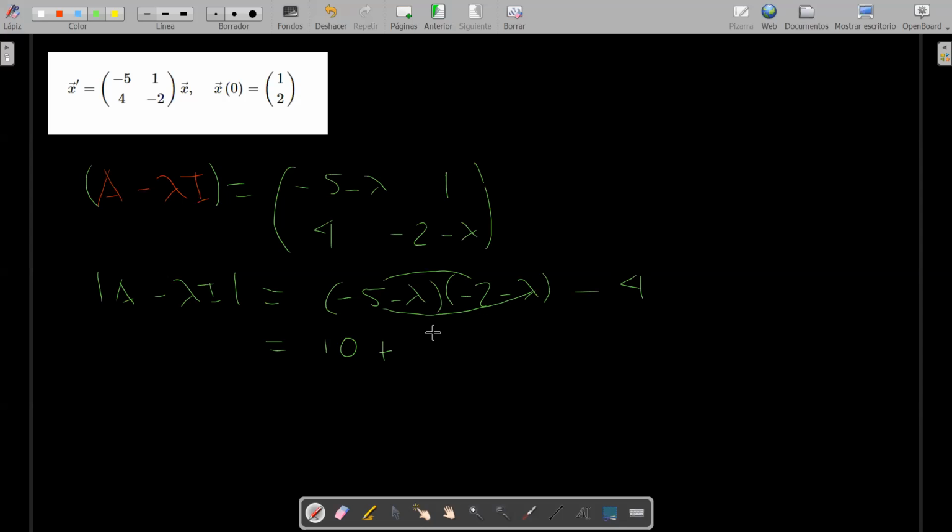And then we have 7 lambda. And finally, we have lambda times lambda, right?